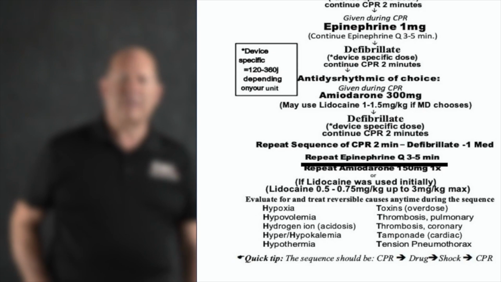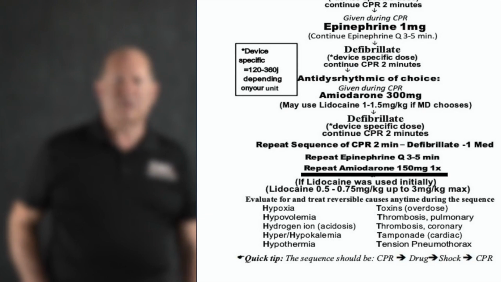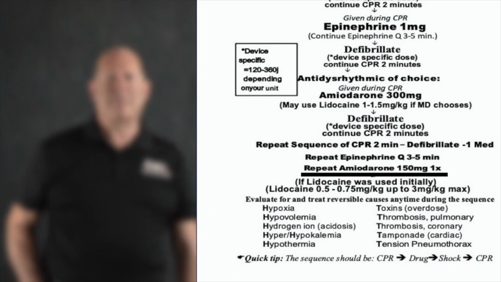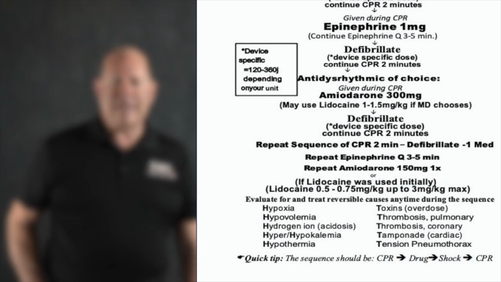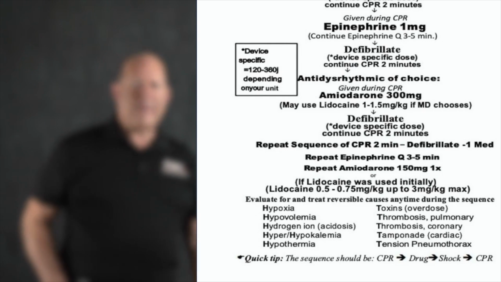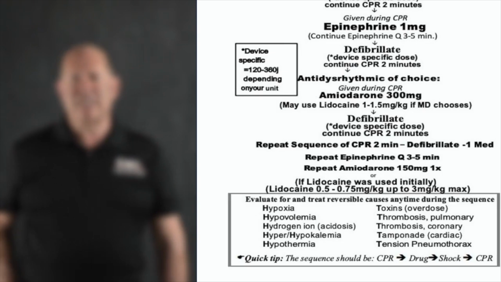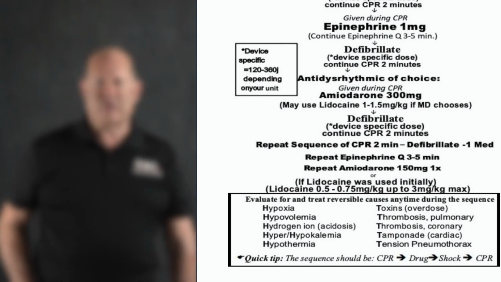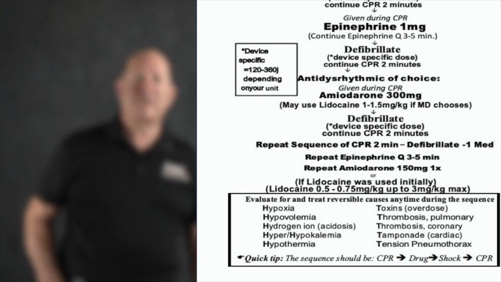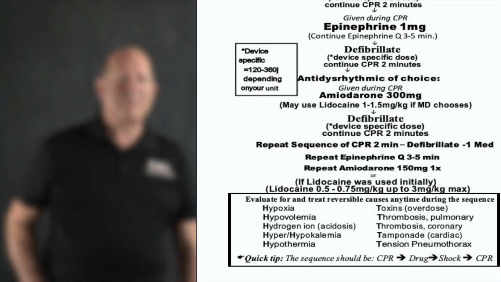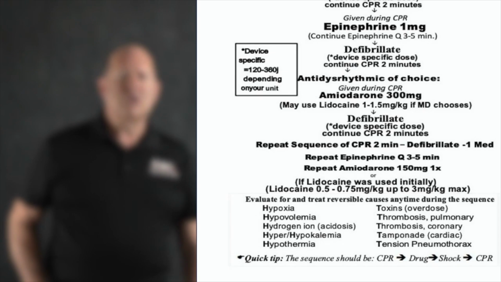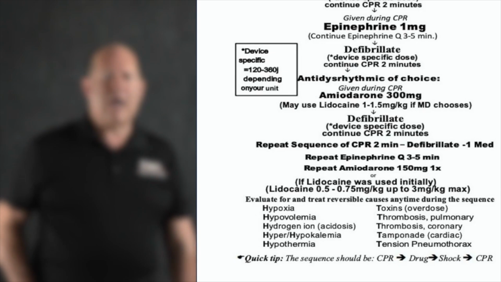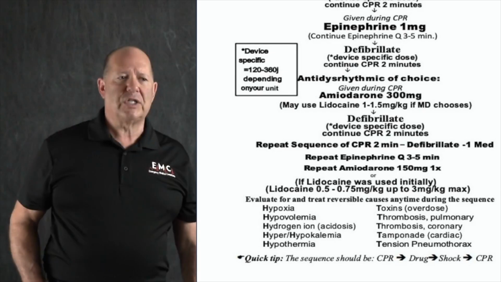And following that, the patient will get the second dose of amiodarone, which is 150 milligrams, and another defibrillation. From that point on, we look at the H's and T's, if we haven't already done so, to determine why this patient might stay in ventricular fibrillation. So at that point, the physician could order a drug to manage those other issues, potentially magnesium, sodium bicarbonate, along with epinephrine, based on the patient's history.